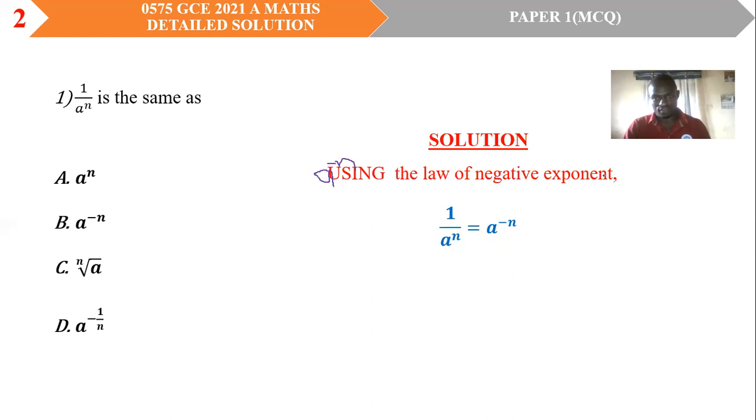Using the law of negative exponent, 1 over a to the power n is equal to a, the base in the denominator is maintained. Now this n, which is the power, becomes negative n. Good. And our answer is B.